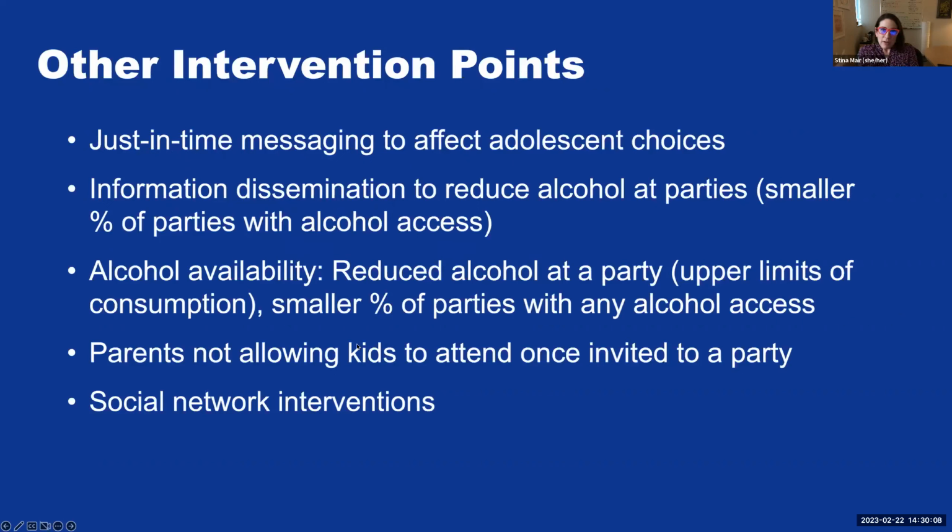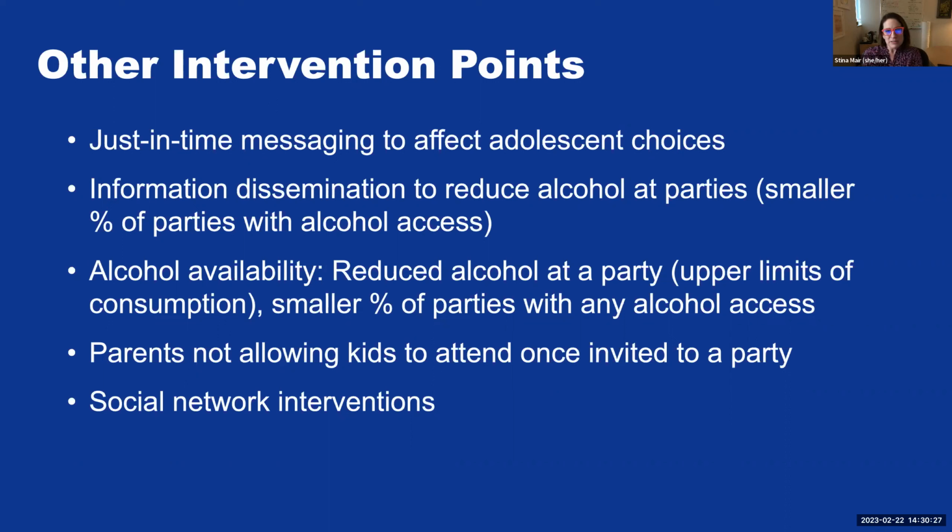And then this model can also be used not just for social host ordinances, right? We could think about simulating a just-in-time adaptive intervention, about messaging to impact individual behavioral choices. Same as information dissemination. We could think about changing alcohol availability.